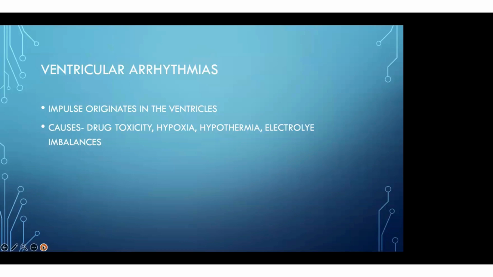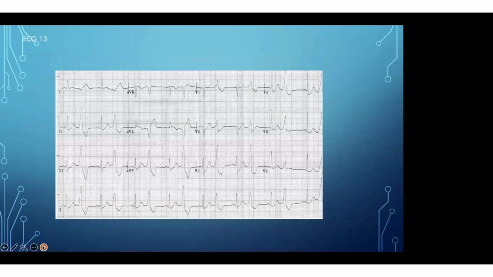Now you will see some of the ventricular arrhythmias. The impulse originates in the ventricle. Usually ischemia is the most common cause you see in our practice. Can anyone say what this arrhythmia is?